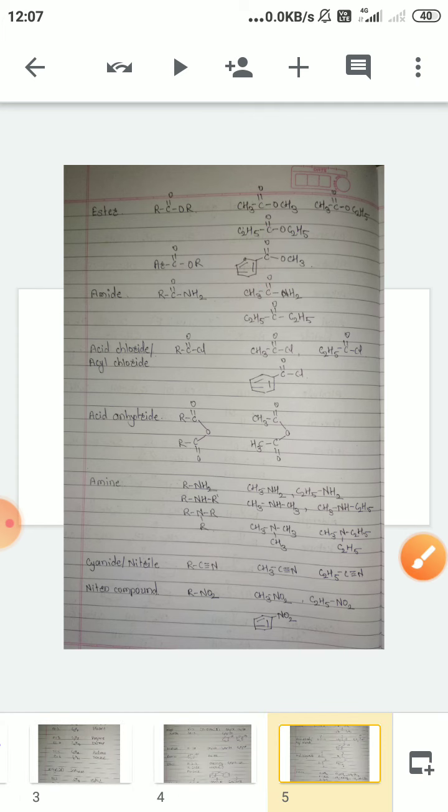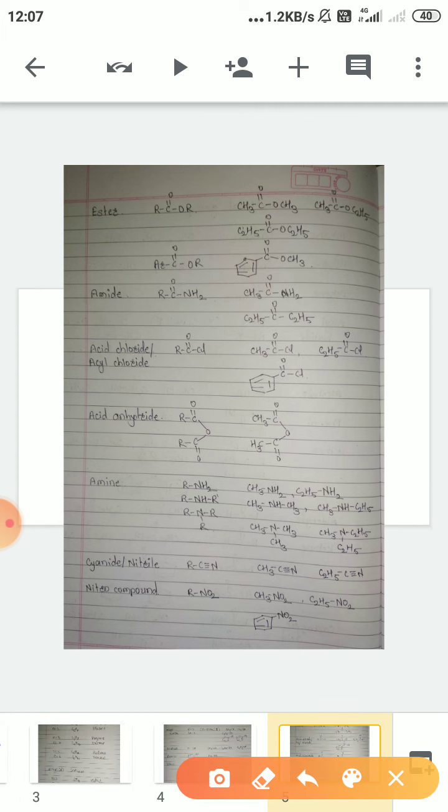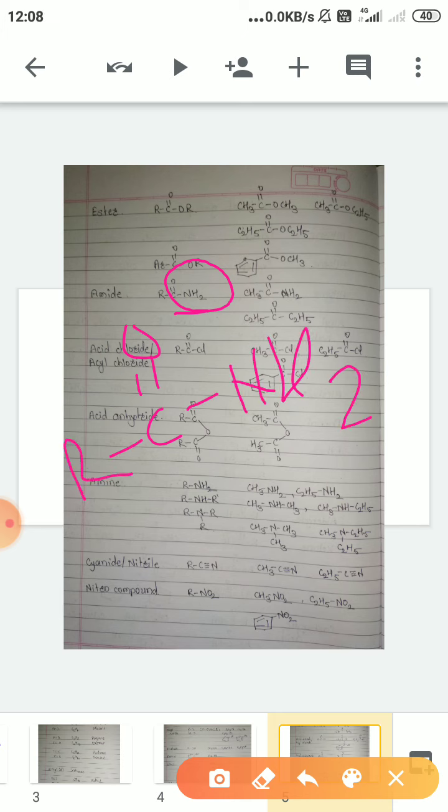The compounds containing C double bond O NH2 group are called amides, or simply we can say if the carbonyl group is attached to one alkyl group and one NH2 group, they are called amides.